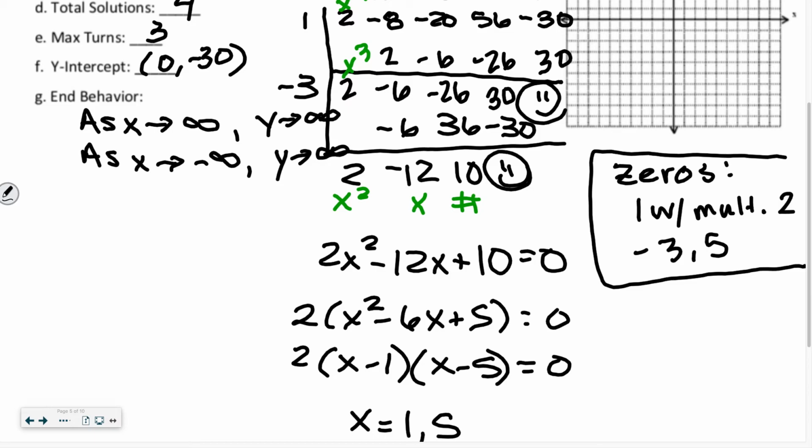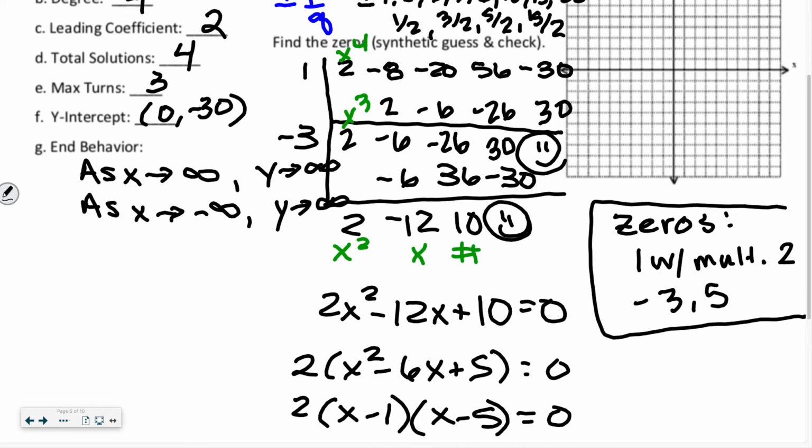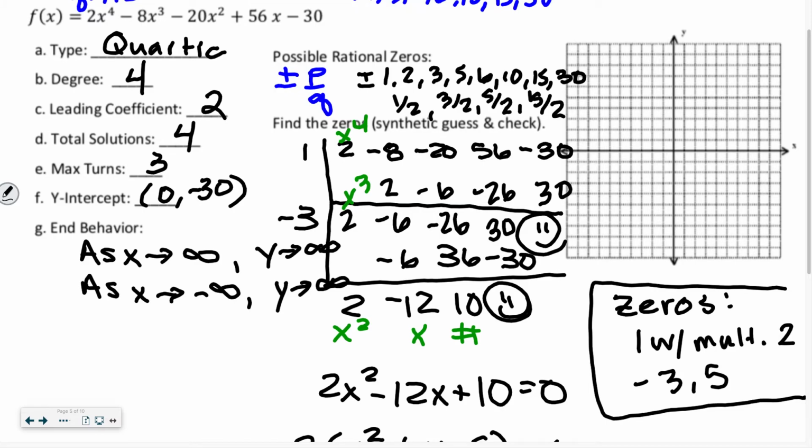Where am I going to plot those points? As x-intercepts. So -3, 1, and 5. What's the other point I like to plot? My y-intercept. Now, this is a good one because it always bothers my students when -30 doesn't fit on the graph, right?